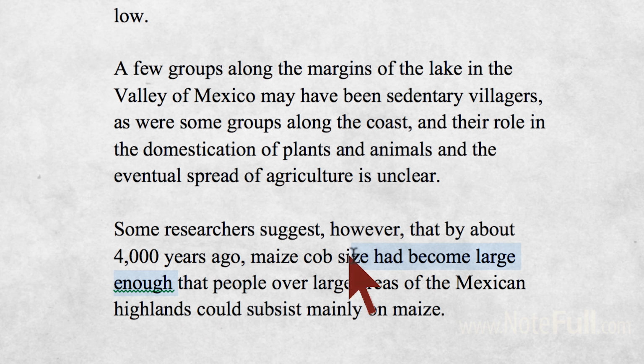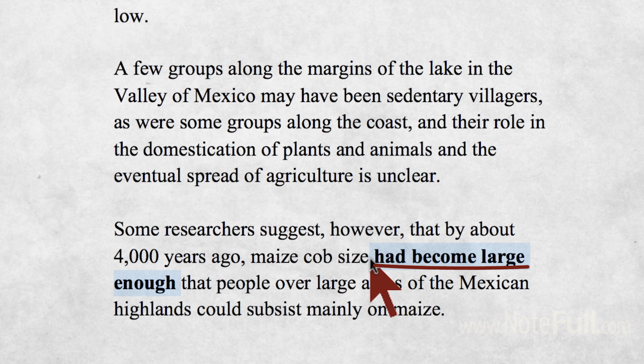Had become large enough. What does that mean? Had become. There's a shift, there's a change. We have a possible development. Does that make sense? If not, make sure that you review the other sentences because none of them described a switch or a change. But when something had become, it means before it was this, now it's something else.